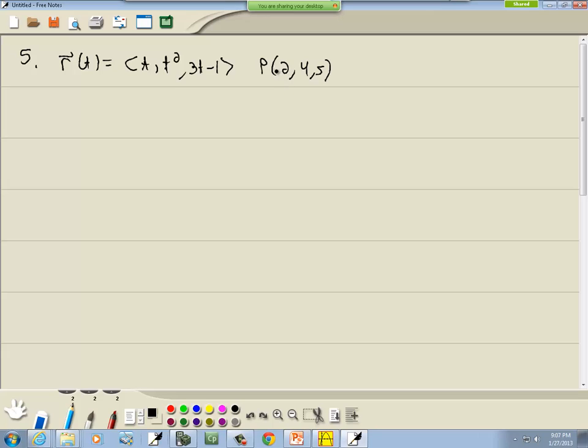Well, we know from our previous two examples that we're going to need t, so let's go ahead and find it. Again, we're going to set the x parts equal to each other, so we'll set t equal 2. We'll set the y parts equal to each other, so t squared is equal to 4. And we'll set the z parts equal to each other, so 3t minus 1 equal 5.